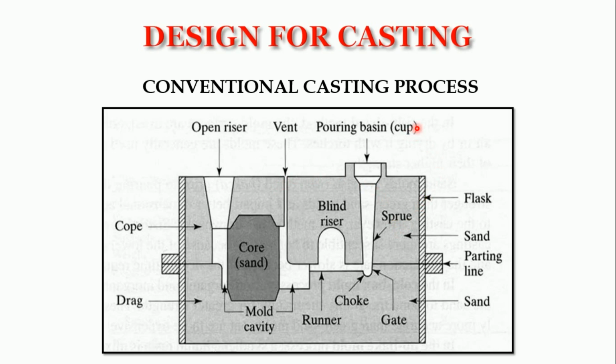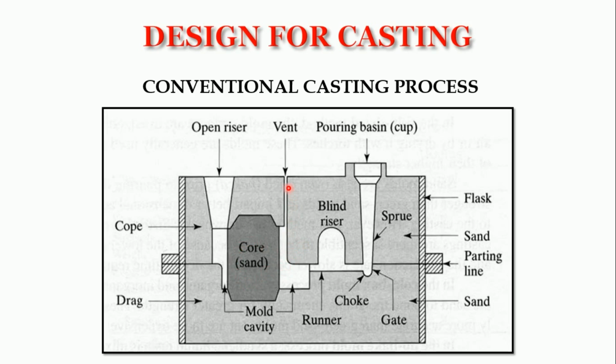When molten metal is poured into the pour basin, it comes to the sprue, then the choke, in general called the sludge well, and the gate to the blind risers. Then it enters the runners, and the runner leads to the mold cavity. Cores are used to produce the hollow part in your castings.